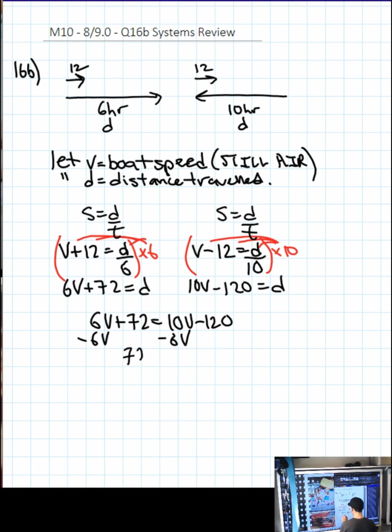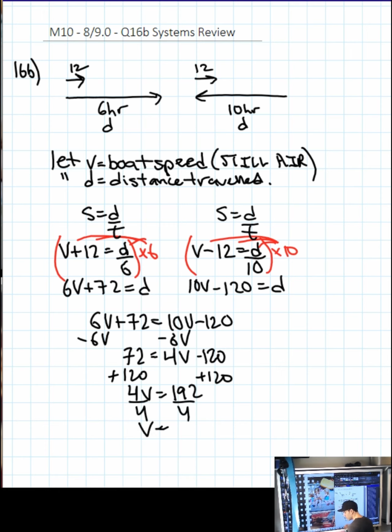Therefore, 72 will equal 4v minus 120. We can add 120 to both sides and mirror it. 4v equals 192. Divide both sides by 4, and v equals 192 divided by 4, which is 48.